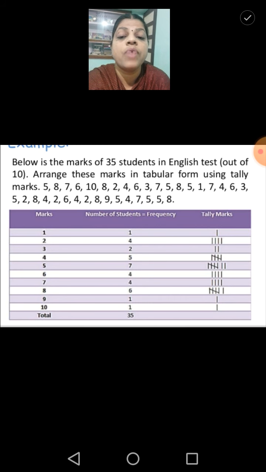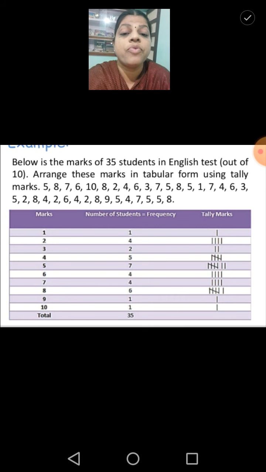If the values are given, we have to find the minimum and the maximum values. In our example, the minimum value is 1 and the maximum value is 10. According to that minimum and maximum, we have to form a column. And the next column is frequencies.